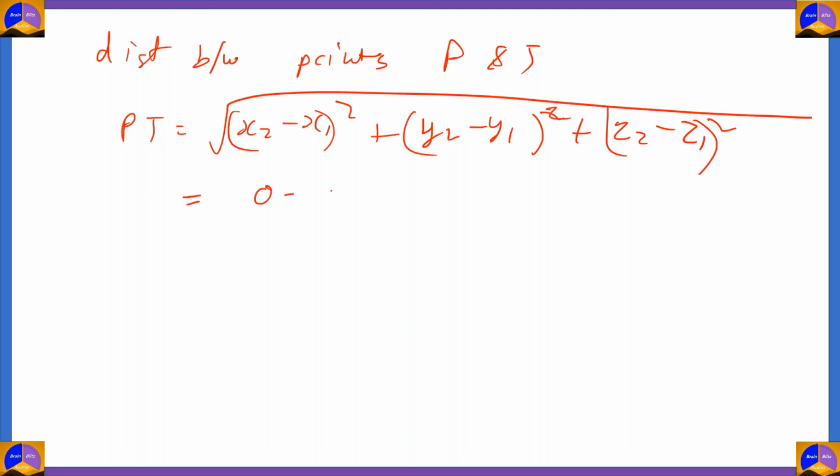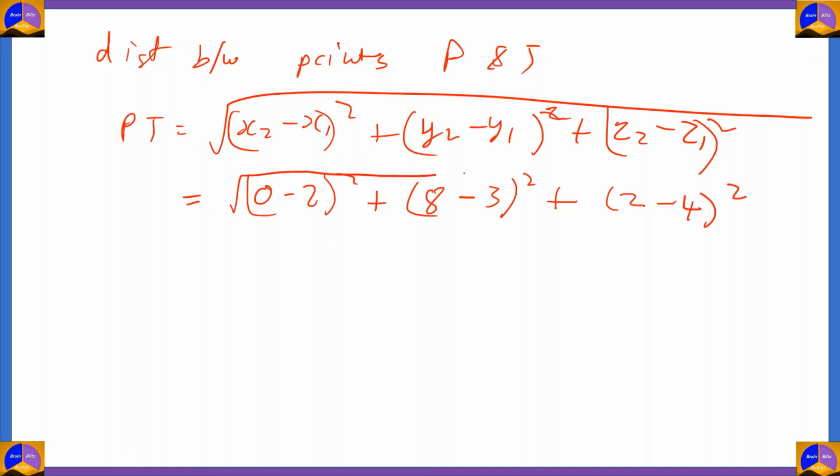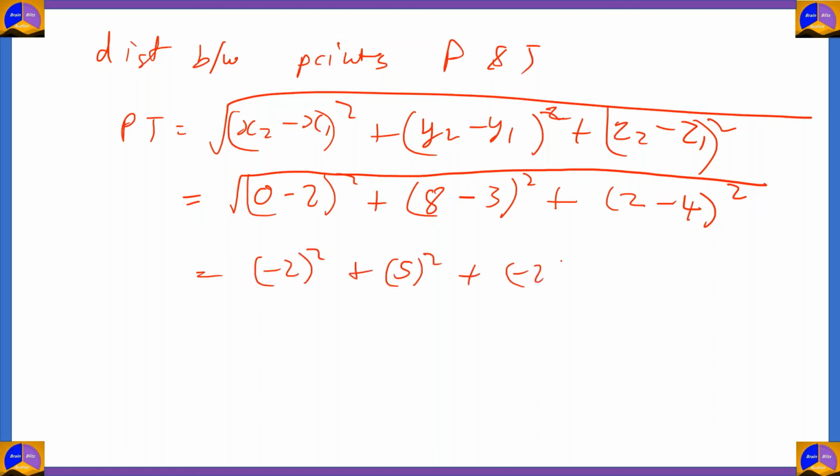X2 is 0 minus x1 is 2, so 0 minus 2 the whole square, plus y2 is 8 minus y1 is 3 the whole square, plus z2 is 2 minus z1 is 4, and then the whole square, and put everything under a root. So that is minus 2 the whole square plus 5 the whole square plus minus 2 the whole square.